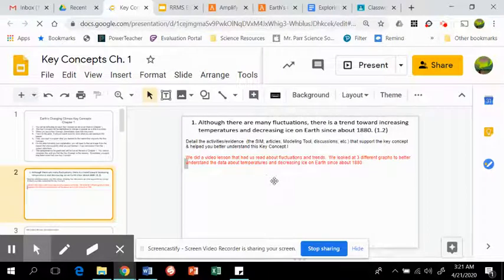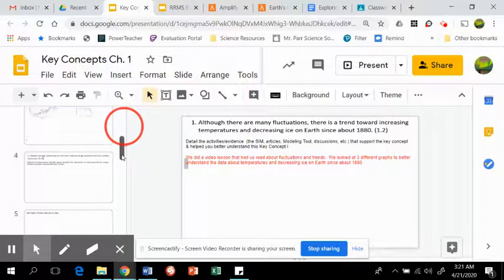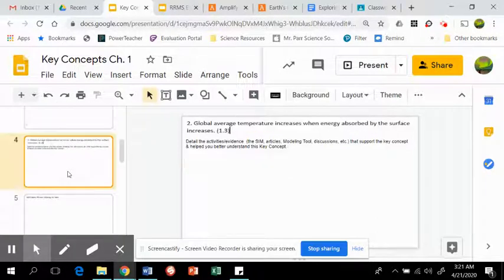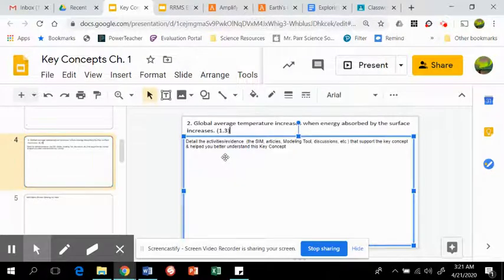As I showed you in Monday's video, you have to go in and type in how you learned that key concept. So you have to go to slide 4 when you open up your key concepts, and type in what you did to learn that. For instance, we did the simulation and tried changing the sunlight. We changed the carbon dioxide. We changed the amount of methane.